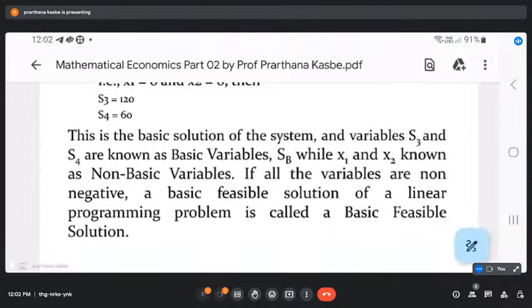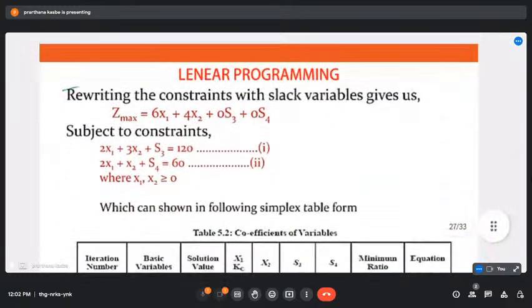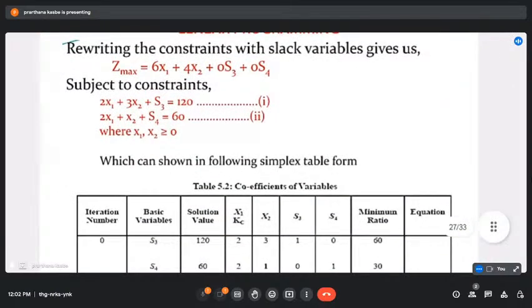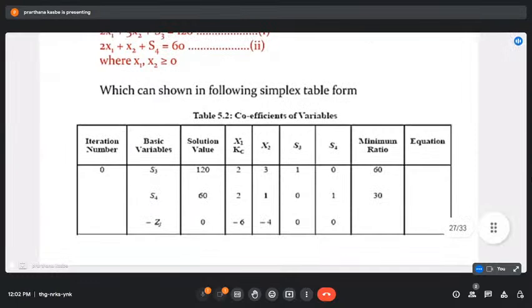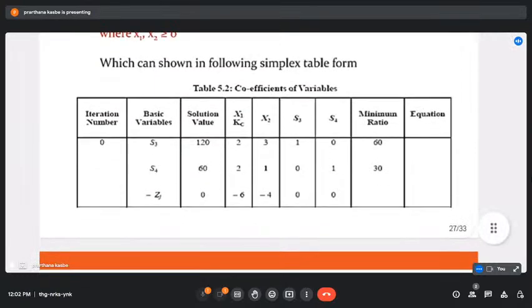So, rewriting the constraints with slack variables gives us maximization Z = 6x1 + 4x2 + 0S3 + 0S4. Here the constraints are the same as mentioned above.